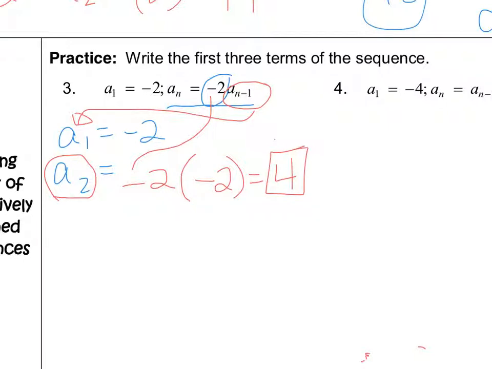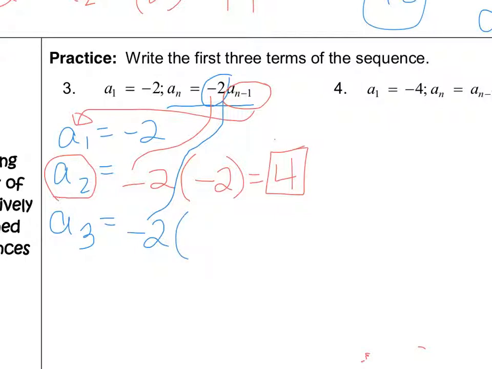Okay, so now that's only the second term. So now we need to do it for a sub 3. So a sub 3 means our third term. Again, we're taking the negative 2 from our ratio, negative 2 times the term before.